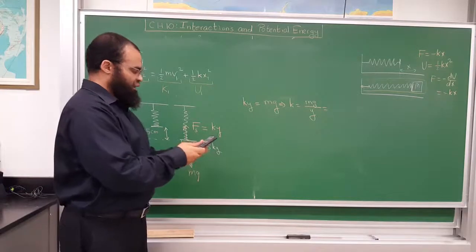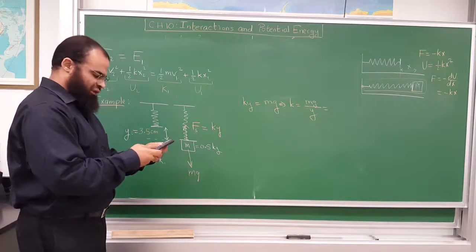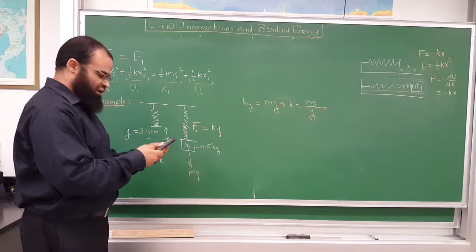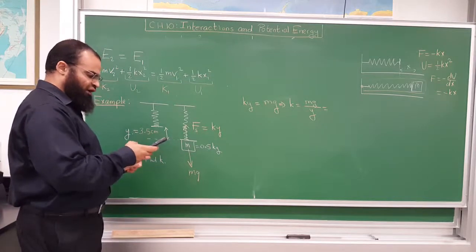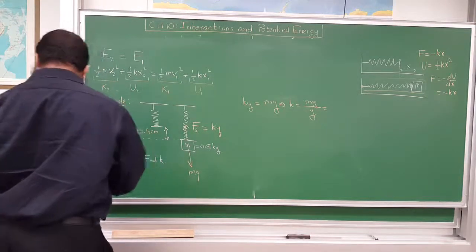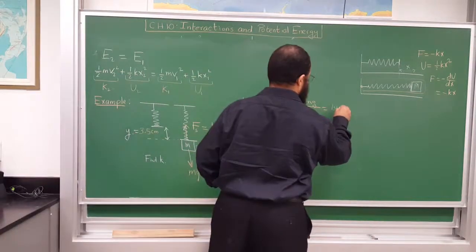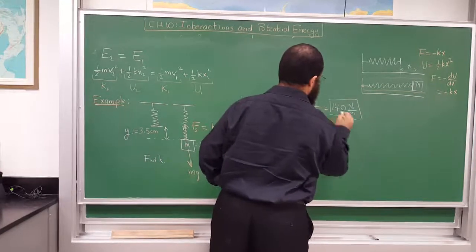The mass attached is 0.5 kilograms times gravity, 9.8, divided by y, which is 3.5 centimeters, that's 0.035 meters. So I get a force constant of 140 newtons per meter.